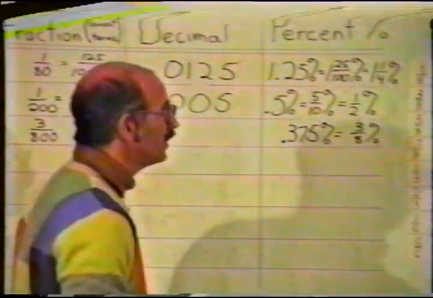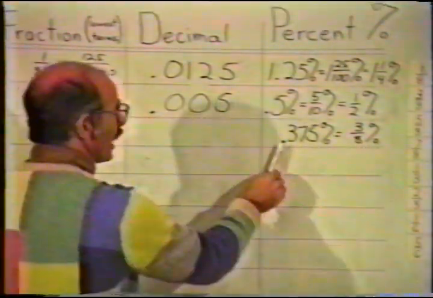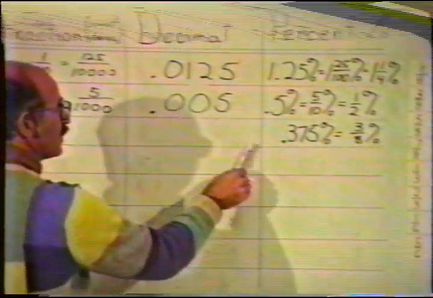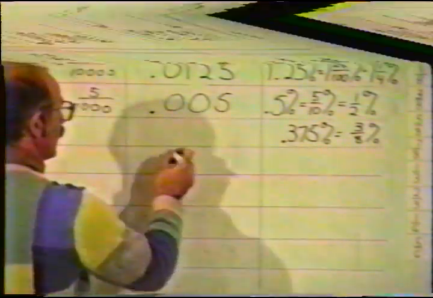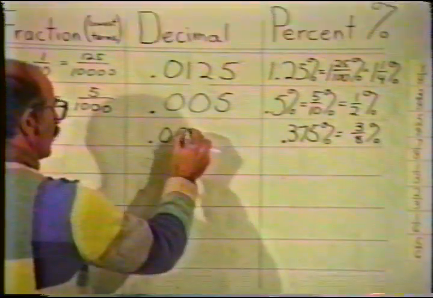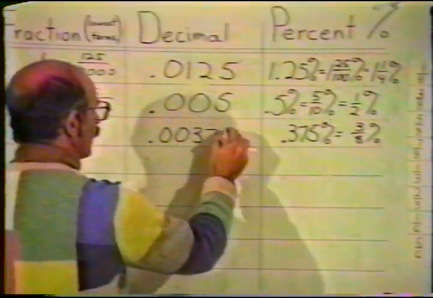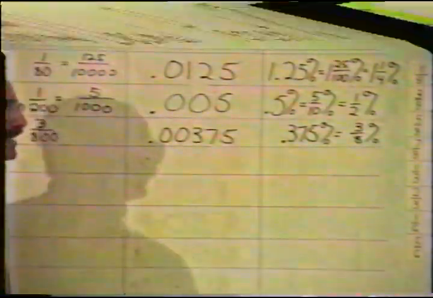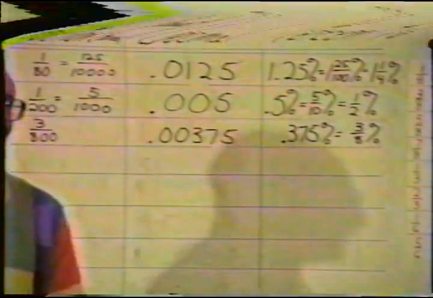In order to make it into a decimal, we have to go back 2 places and take away the percent sign. We get 0.00375. Please read me very carefully that number.